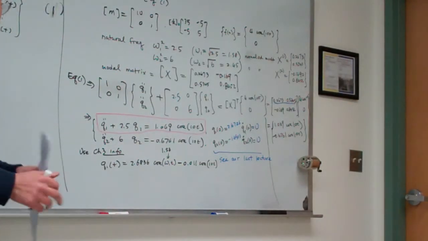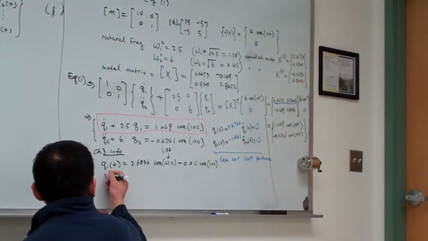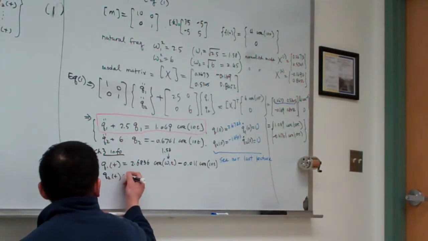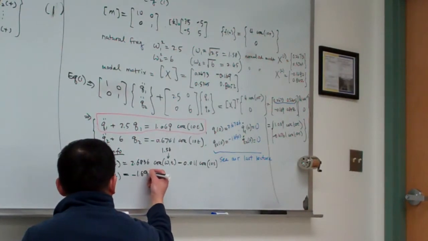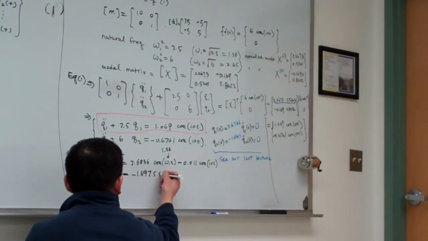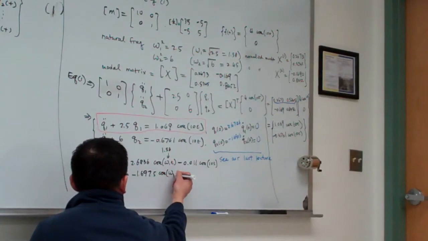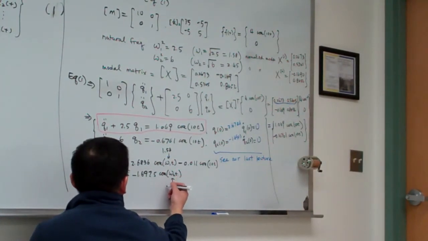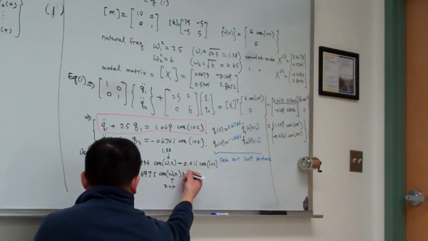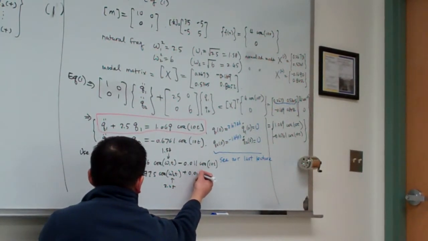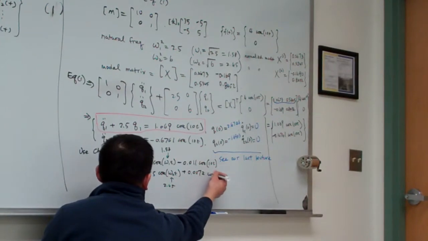And Q2(t) has similar patterns. That one equals minus 1.6975 cosine omega 2 t, and again omega 2 is our natural frequency, and that is 2.45, plus 0.772 cosine 10t.